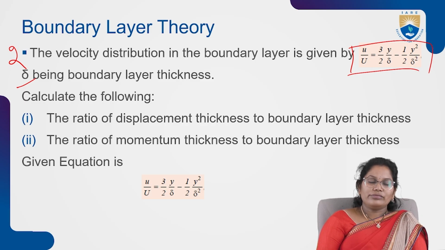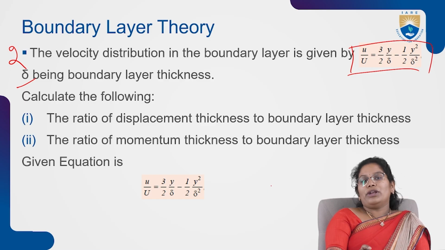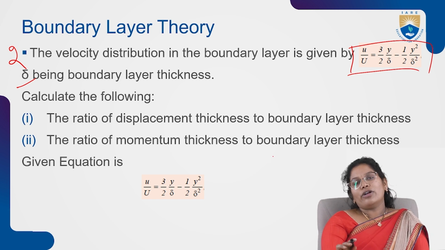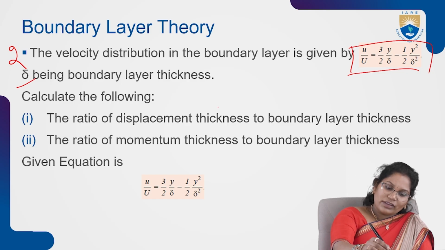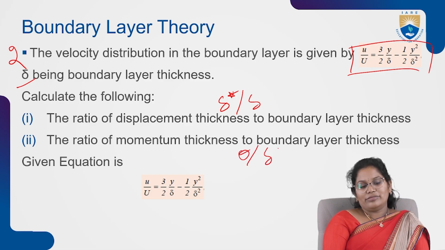Calculate the following: the ratio of displacement thickness to boundary layer thickness, and the ratio of momentum thickness to boundary layer thickness. Right? So displacement thickness, delta star by delta, and theta by delta. We have to solve these too.